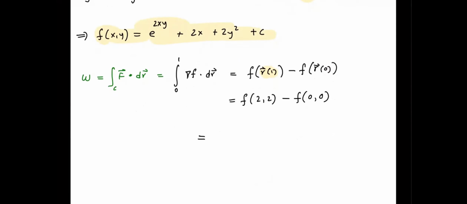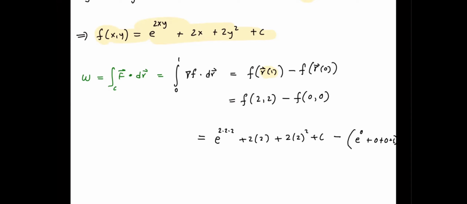This will be equal to e to the power of 2 times 2 times 2, plus 2 times 2, plus 2 times 2 squared, plus c, minus, for the lower limit, f of 0, 0. I'll plug in 0 for each x and y. You'll have e to the 0 plus everything else will be 0, so 0, 0 plus c.